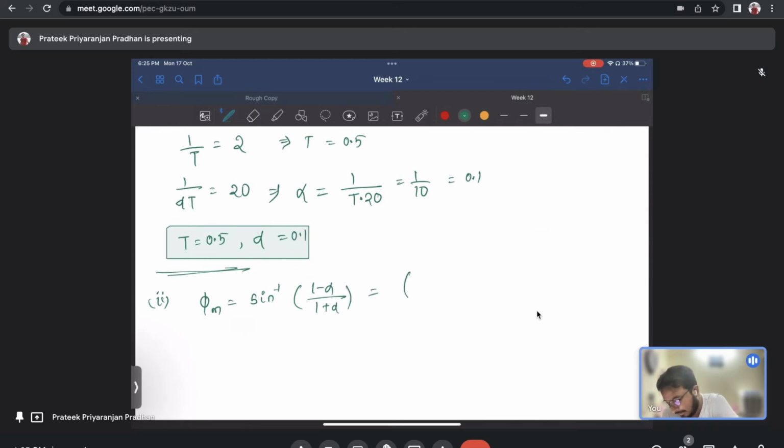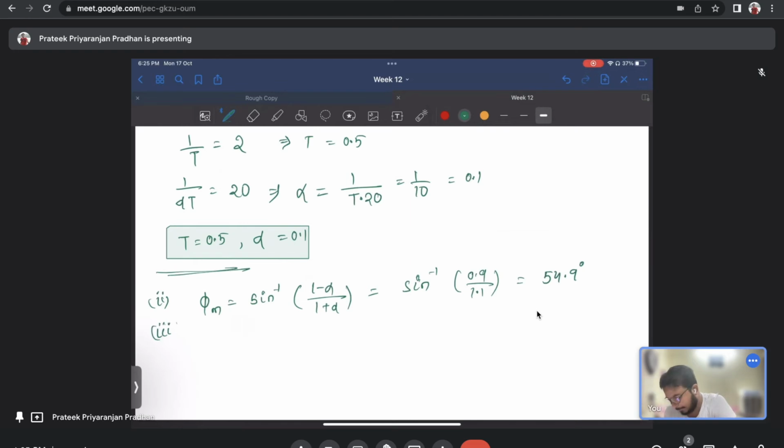So what is alpha? It's sine inverse of 0.9 divided by 1.1, which comes out to be 54.9 degrees. Never forget the unit, degrees.